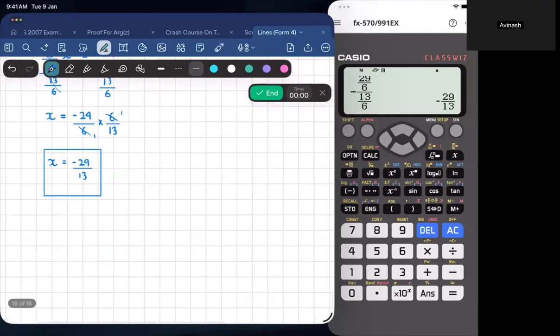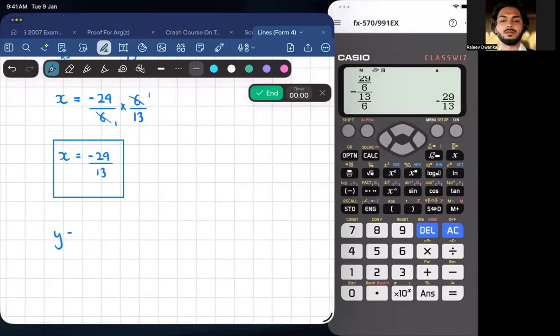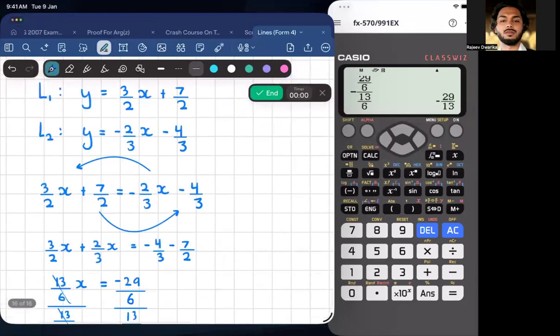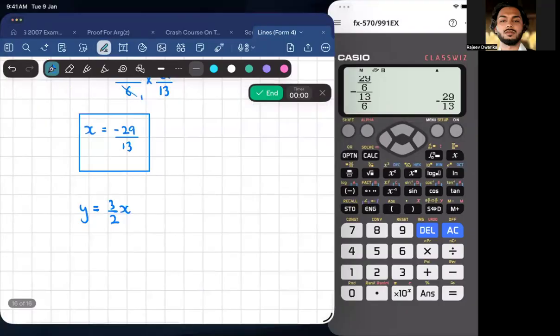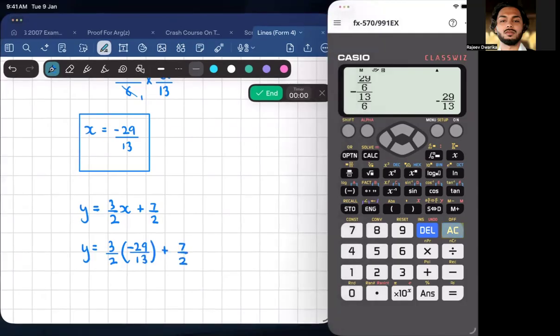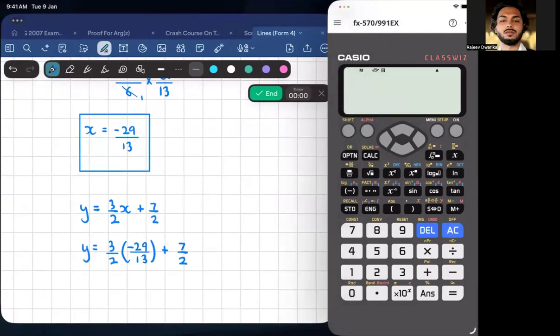Okay, equation 1 says y is equal to 3 over 2 x plus 7 over 2. So anywhere I see x, I'm just going to put minus 29 over 13, plus 7 over 2. Avinash, plug that into your calculator and let me know what answer you get.